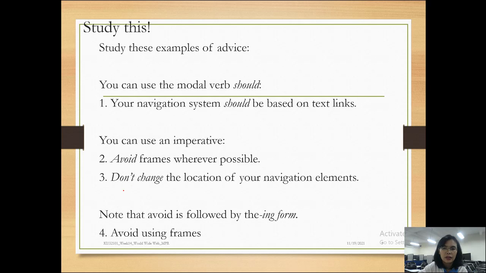Okay, so for example, avoid frames whenever possible, or do not change the location of your navigation elements. And then if you want to use avoid with a verb, then you can say avoid using frames. Okay, so if the imperative is followed by a verb, then it must be in the form of verb-ing.